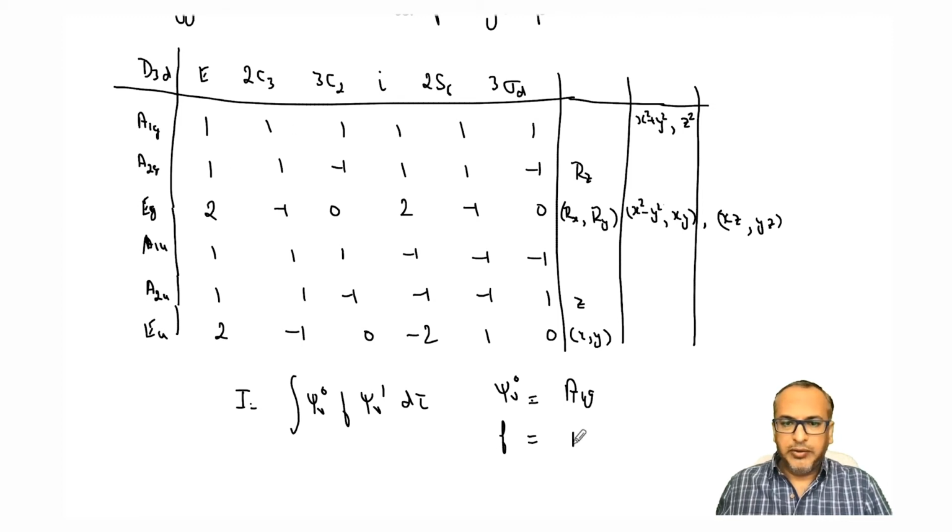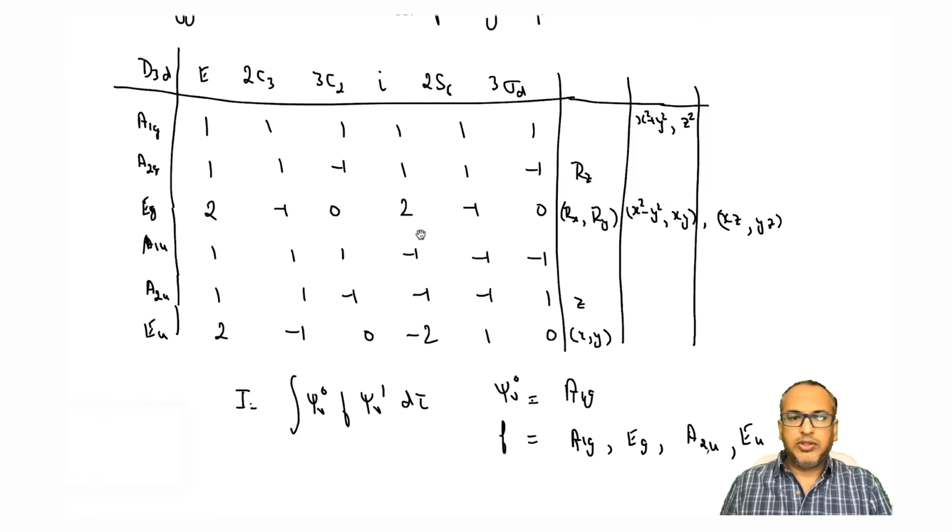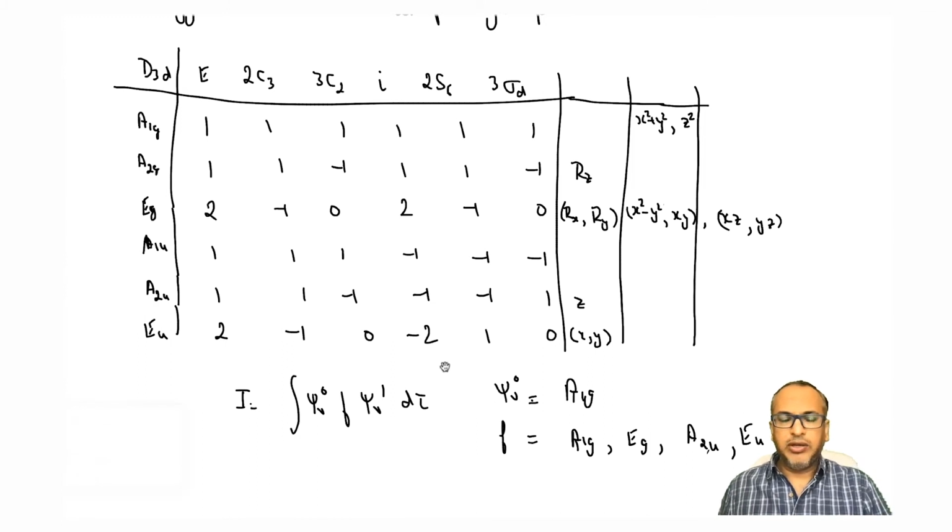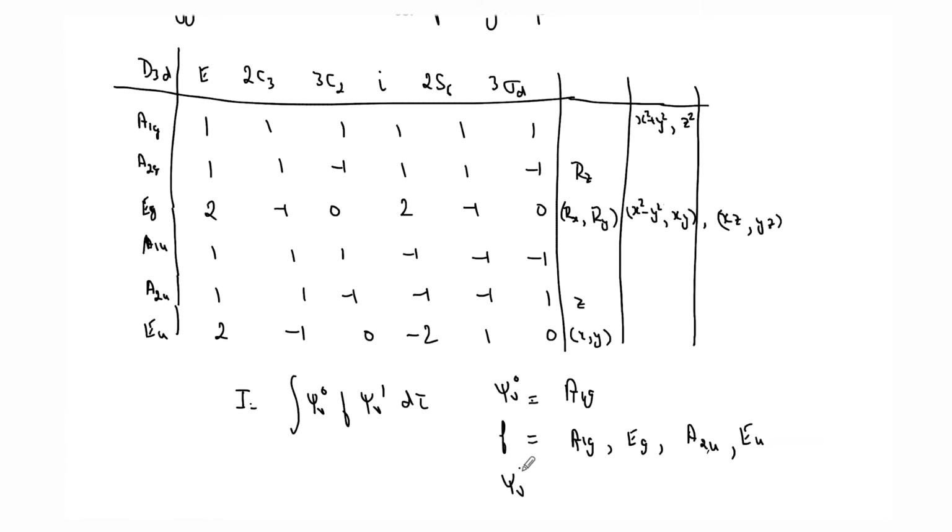So it can be A1g, it can be Eg, it can be A2u. Now our job is to determine psi v1. Now it is very simple. So psi v1: whenever f is A1g, it has to be A1g. Whenever f is Eg, it has to be Eg.